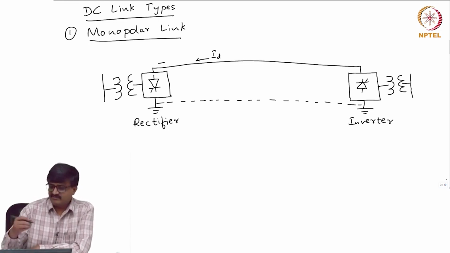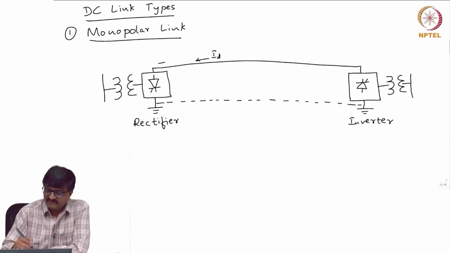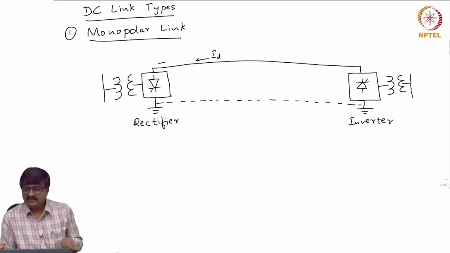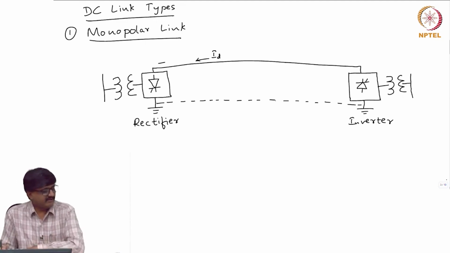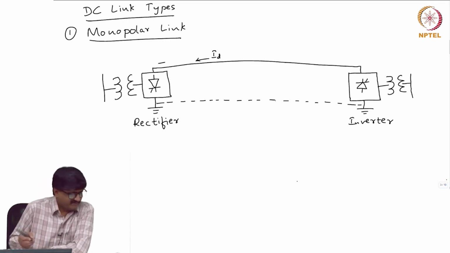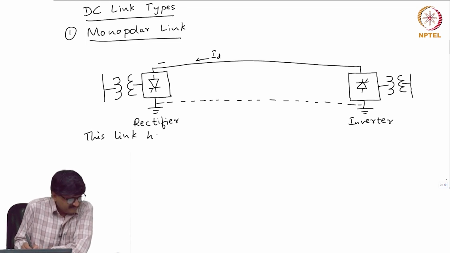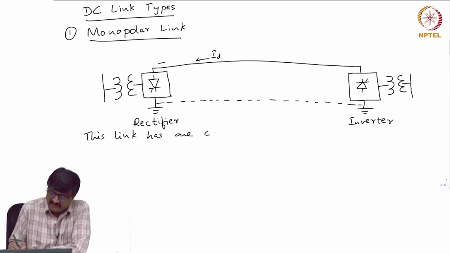The current has to complete the path. ID is flowing in one of the conductors, so the other terminal, which is the positive terminal, is actually the ground. The current gets completed only by flowing through the ground or water, in fact. So, this link has only one conductor.